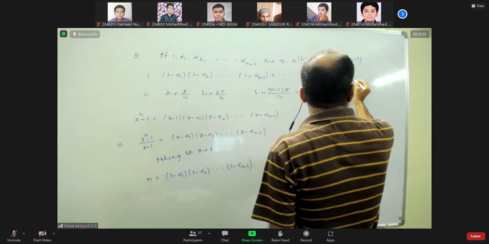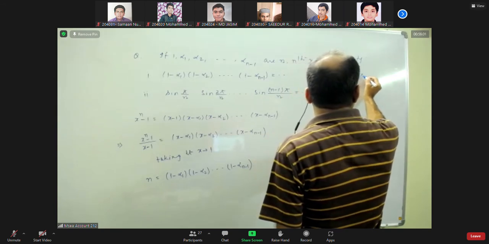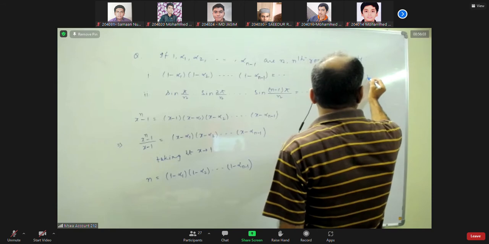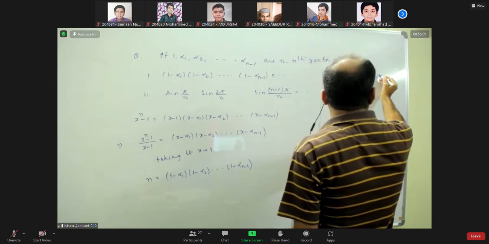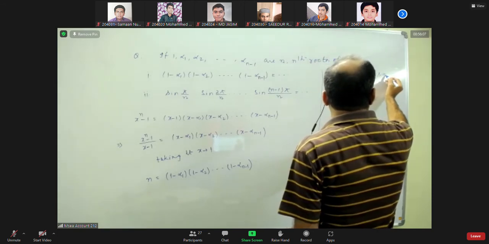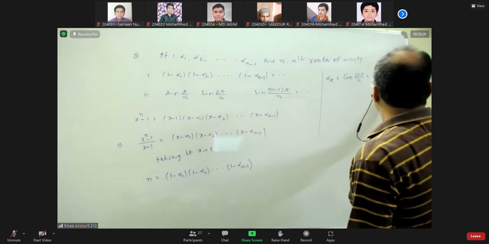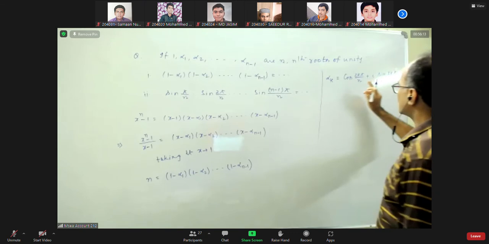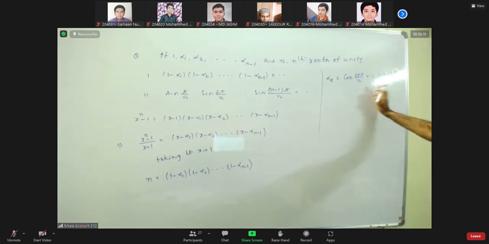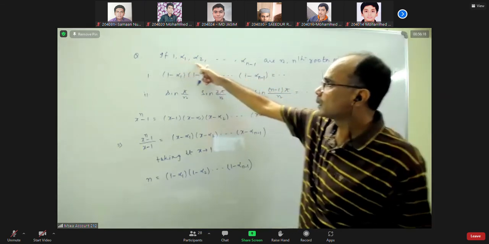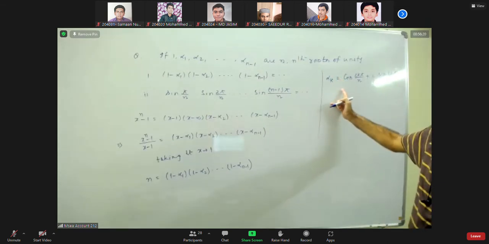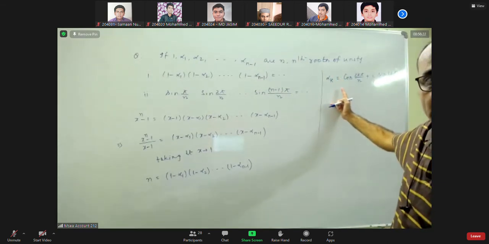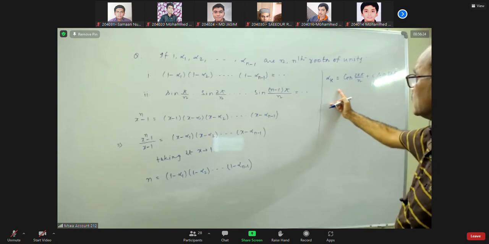Cos 2k pi by n plus I sin 2k pi by n. If you put k equal to 0, 1, 2, 3, you will get these values. This is general nth roots of unity.